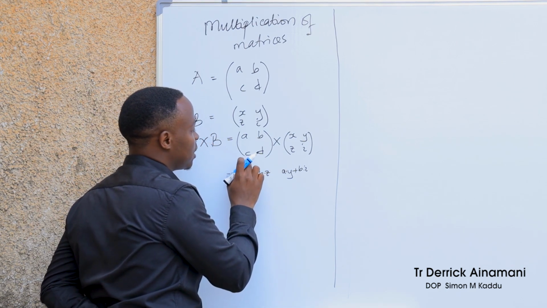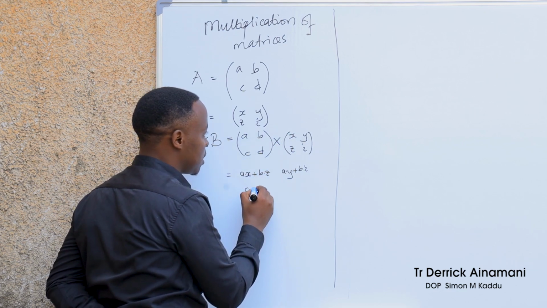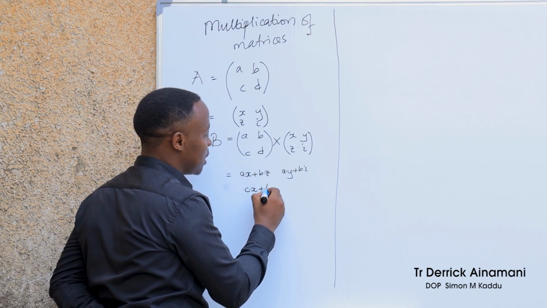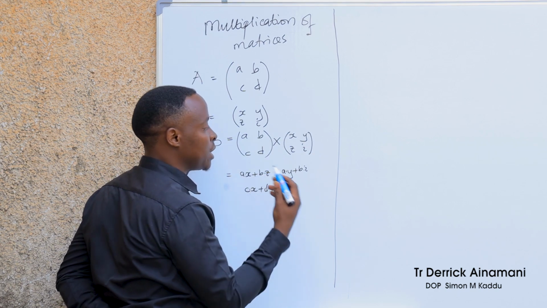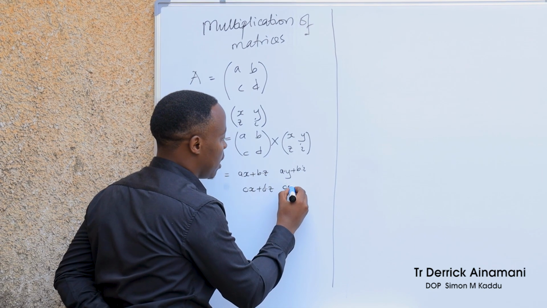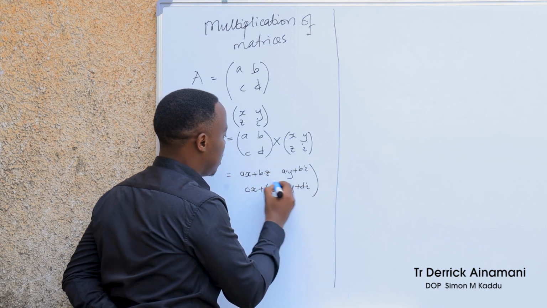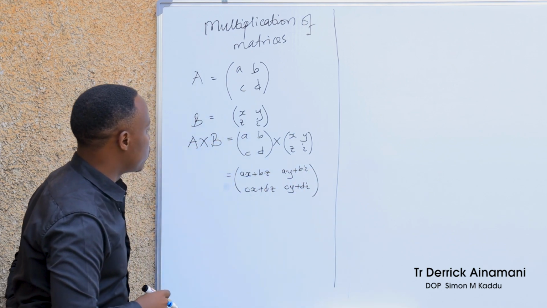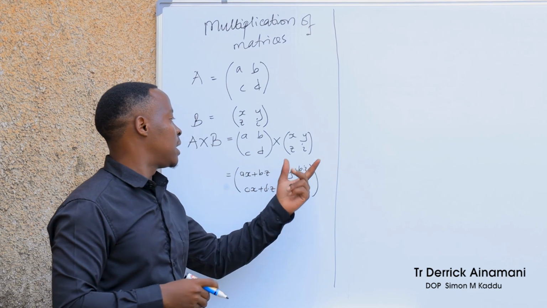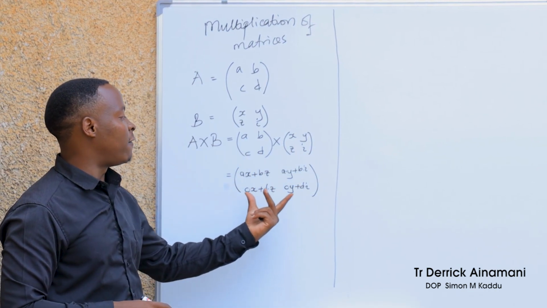And then here down, we shall say c by x, row by column, c times x plus d times z, or z, depending on where you come from. This would be c by y plus d by i. Now our cross multiplication would be this. If we had numerical values for a, b, c, d, x, y, z, i, we would now have our final answer.